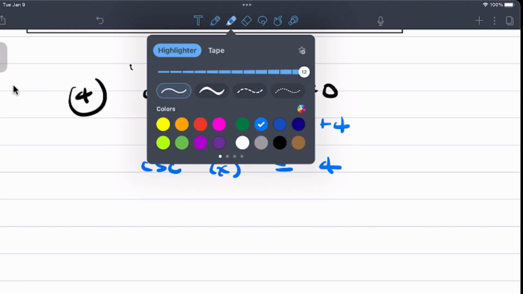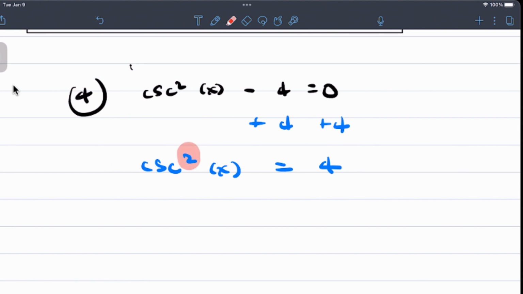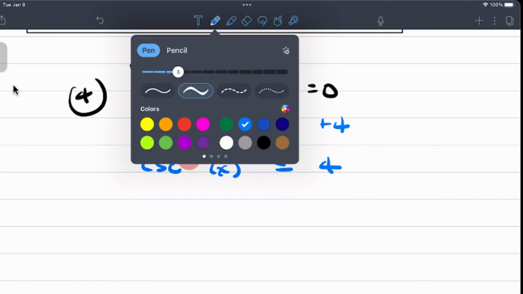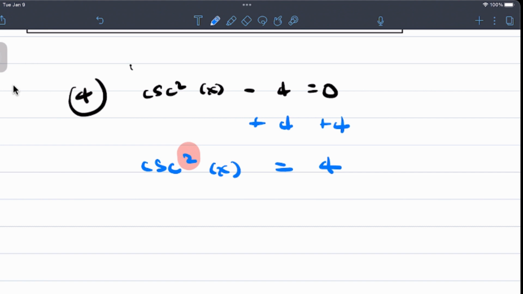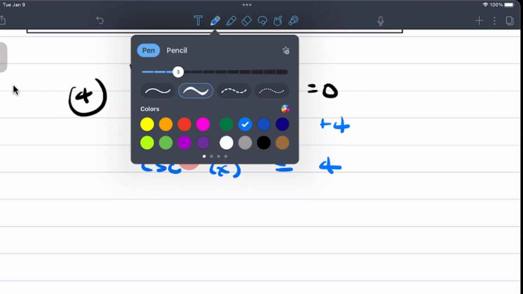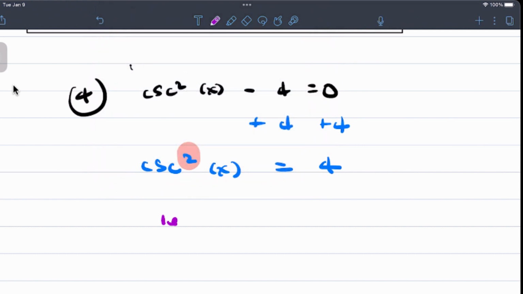So this is cosine squared. Is that right? Is 4. You let t equal what? Cosecant. So that t squared is 4.